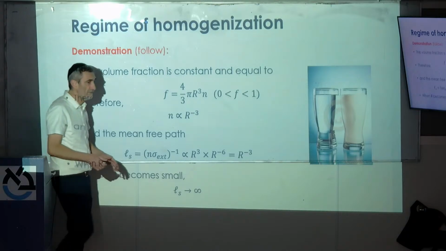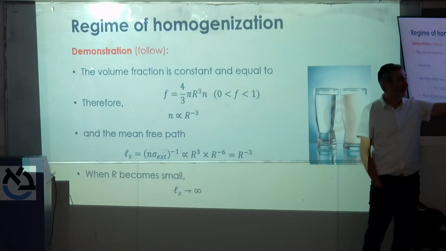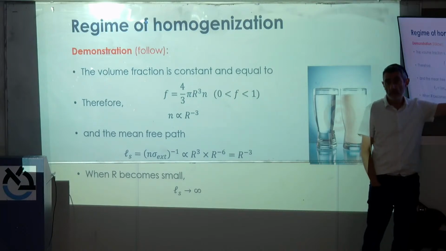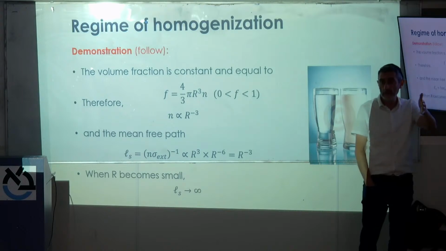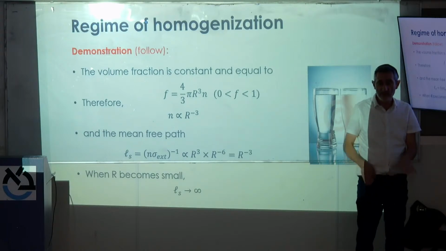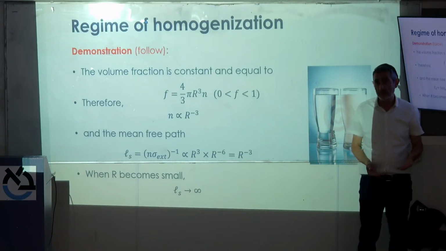So the main difference between these two liquids is that the particles here are very small. So Ls is much larger than the thickness of the glass. Here it's smaller than the thickness of the glass. And by the way, if you look at the sea, a very thick volume of water, it's not transparent anymore.